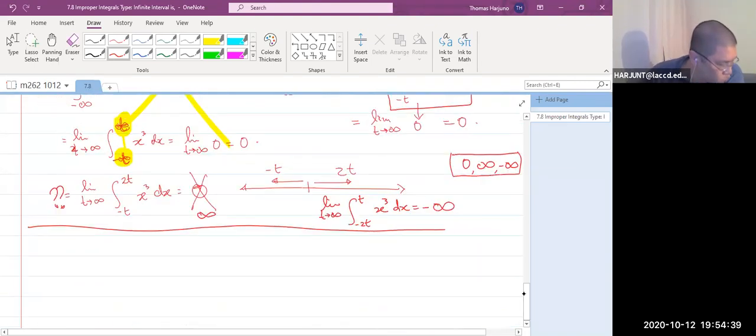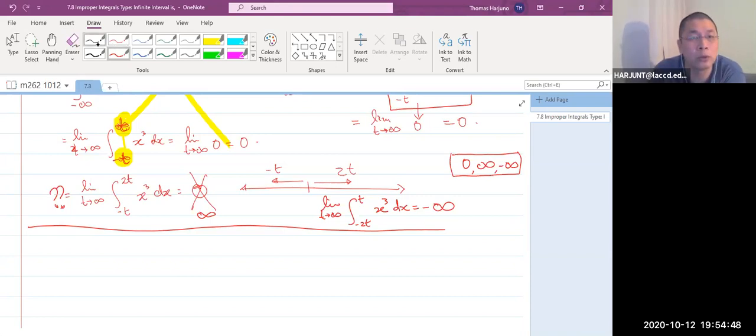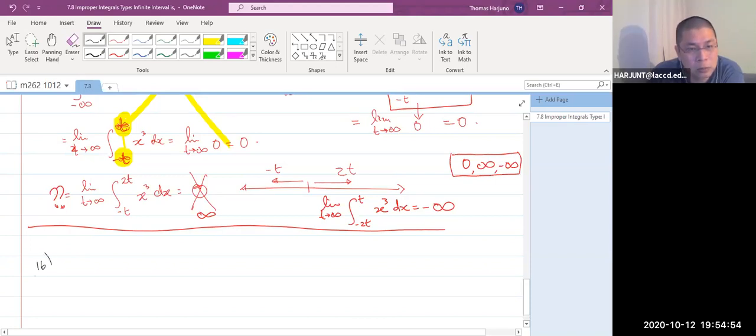I don't see other types of questions like that here. Let me ask you to do one problem. I hope this problem is not too hard for you. Number 14. Well, no, number 16. Why not? Number 16: the integral from negative infinity to infinity of cosine pi t dt.